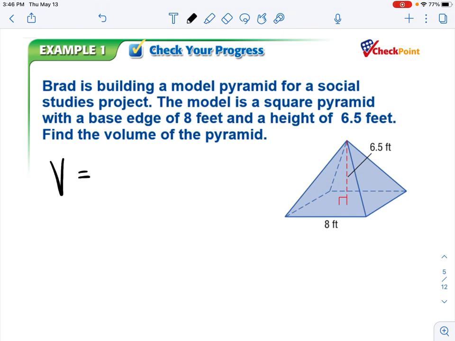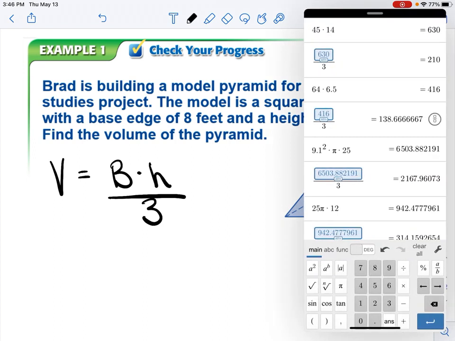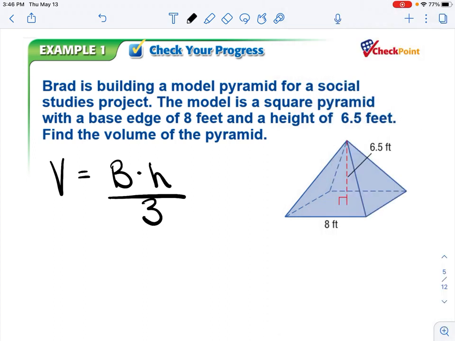So the volume is equal to the area of the base times the height of the 3D object divided by 3. Okay, so let's actually do this. So the area of the base, since it is a square, is 8 times 8 or 64. Times the height, 6.5, we divide that by 3.